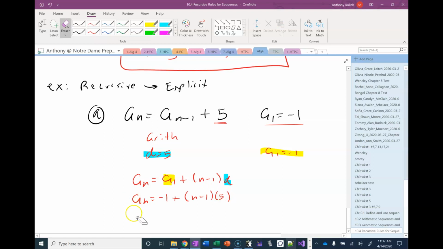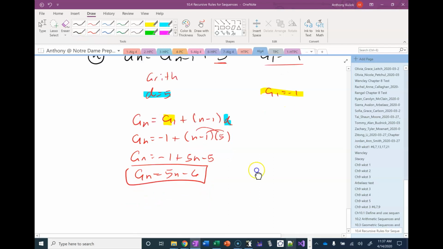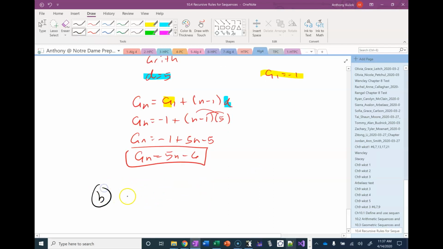When I distribute that 5 through, I have -1 plus 5n minus 5. And when I combine like terms, I have 5n minus 6. What if we have this one?